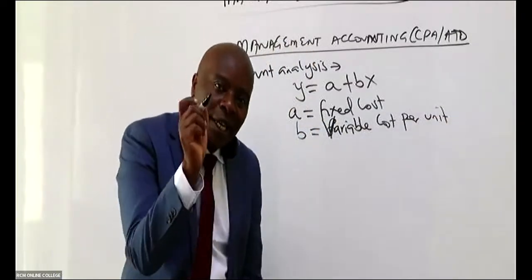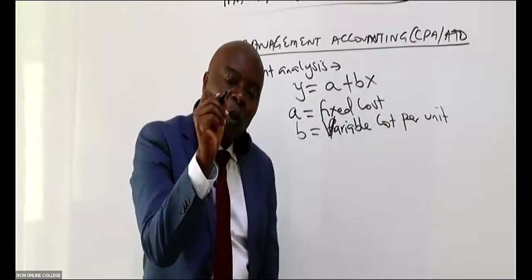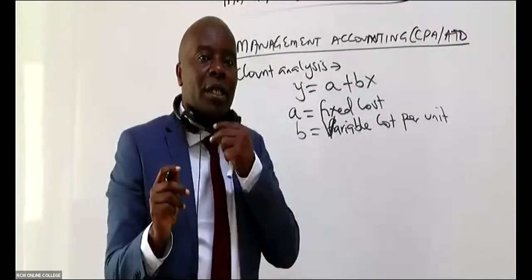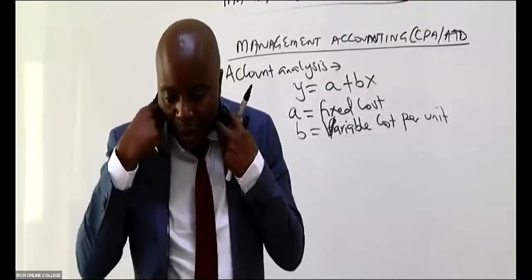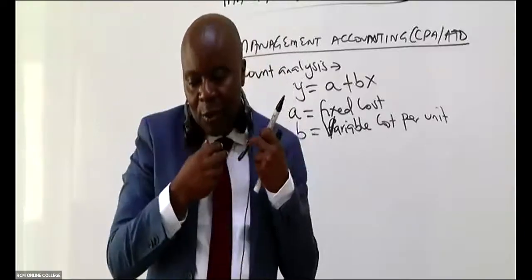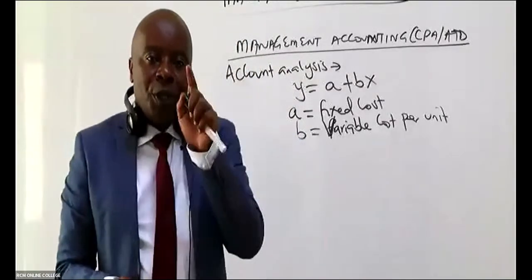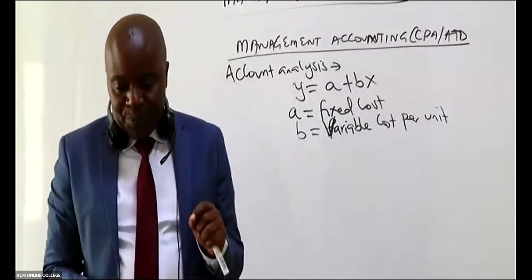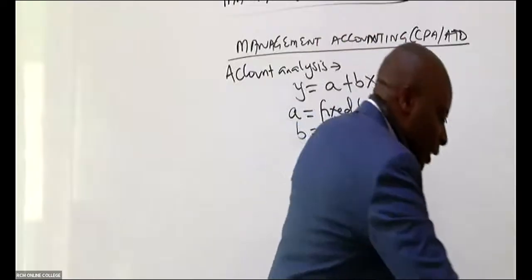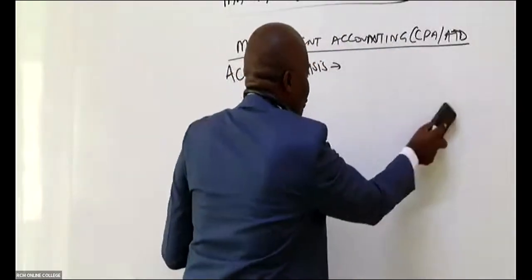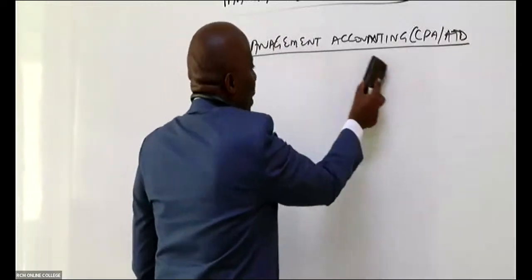Under the account analysis method, we shall go to each specific account and then do a classification. In this case, does this account belong to variable cost or fixed cost, or is it a semi-variable cost?